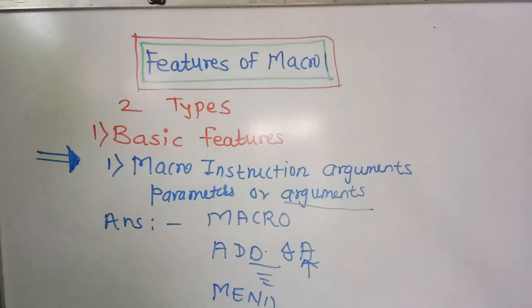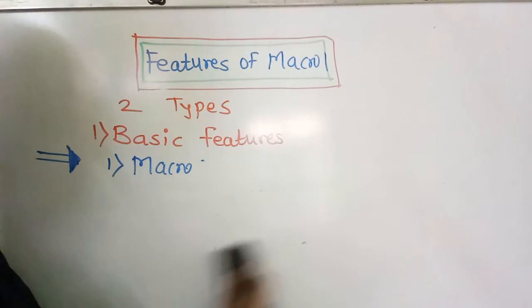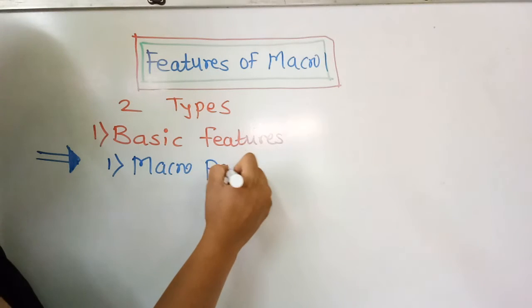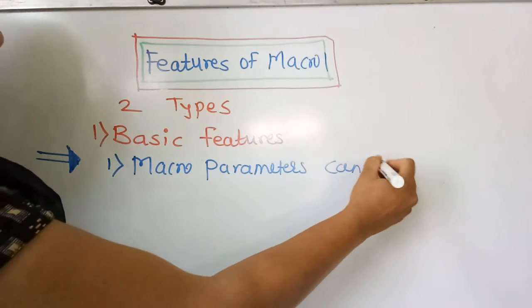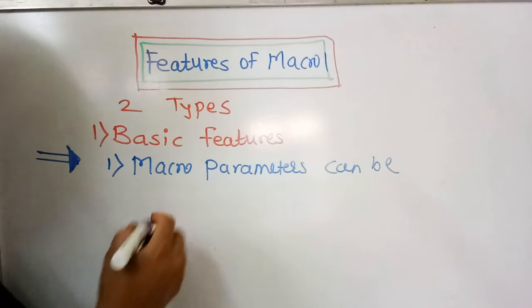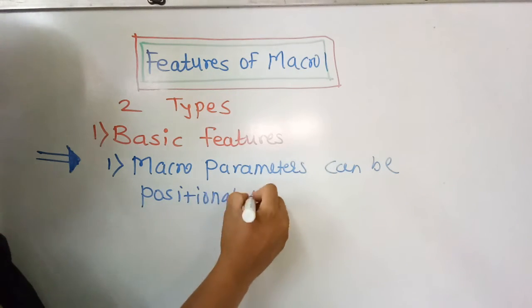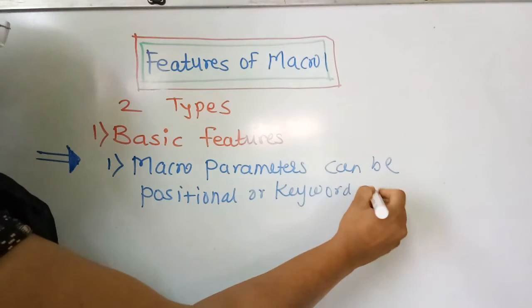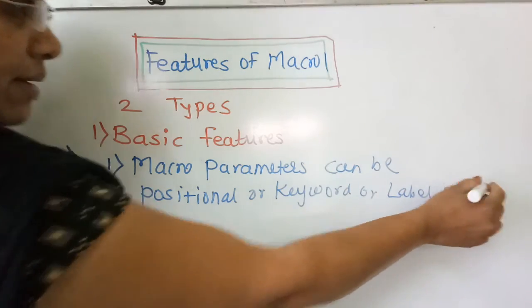Now second is nothing but the macro parameters. Macro parameters can be positional, or it can be keyword, or it can be label parameters.